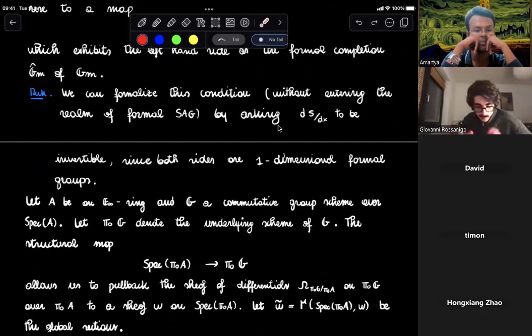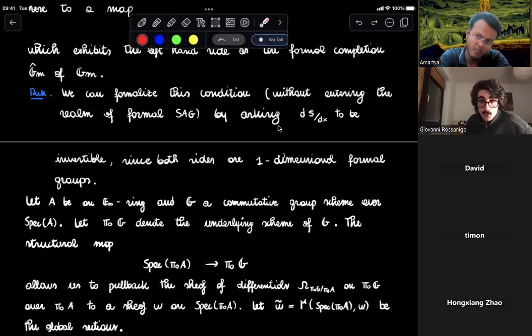So the picture is the following. We have an infinity ring A, and we have a commutative group scheme over A. To every spectral scheme, we can assign an underlying scheme just by taking the pi naught of the structural sheaf.